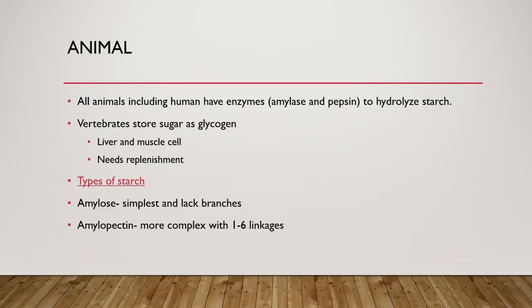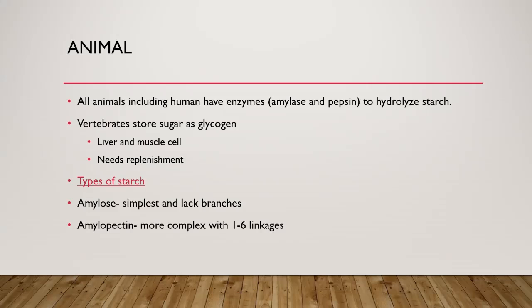All animals, including humans, have enzymes such as amylase and pepsin to hydrolyze starch or to break it down into nutrients or into monomers that can be used by cells in the body. Vertebrates store sugar as glycogen, and this glycogen is stored in the liver or the muscle cells. So in order for you to have stored glycogen, you must always eat to be able to replenish it.